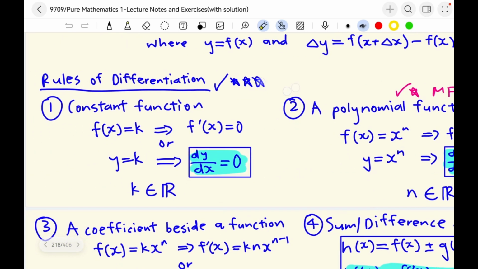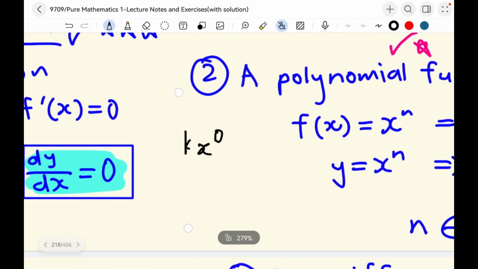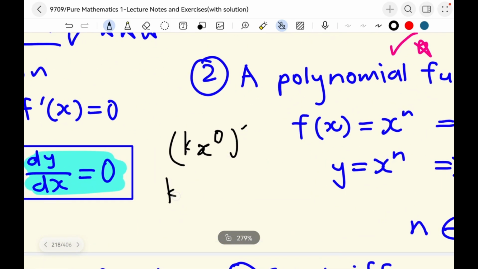So since a constant can be written as k x to the power of 0, because anything to the power of 0 gives 1, to differentiate this, it is k times 0, and no matter how much it is minus 1, you will still get 0.